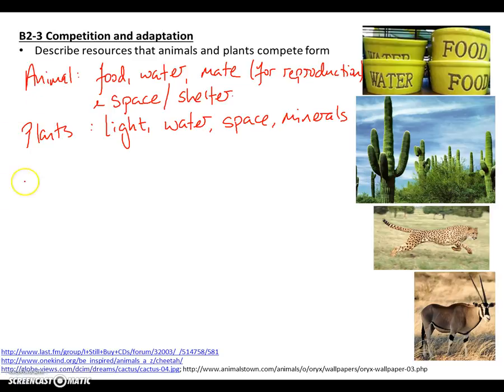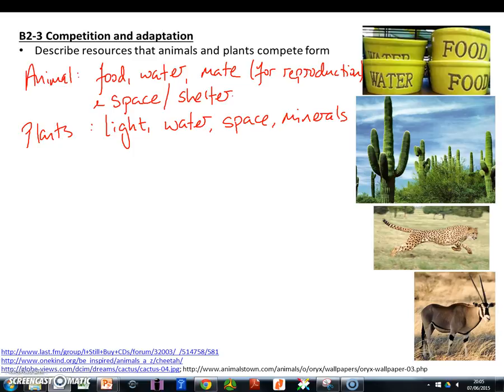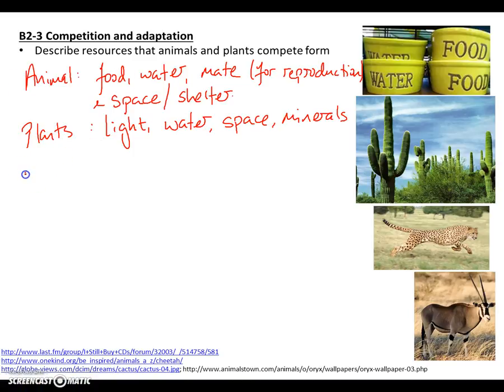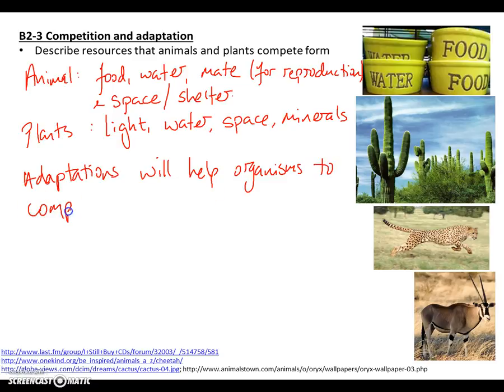So adaptations will help organisms to compete. So cheetah, very fast, allows it to catch its prey.